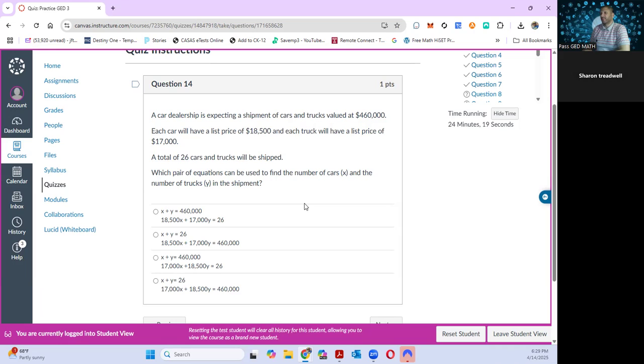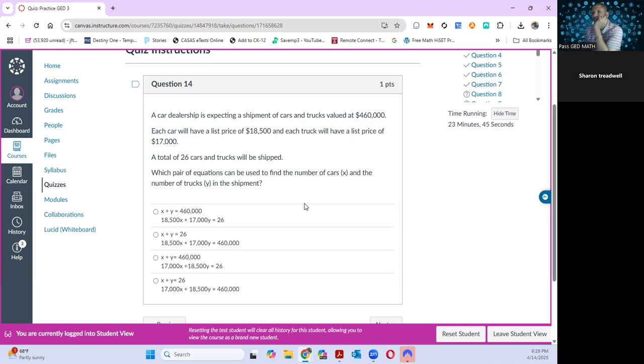Each car is priced at 18,500. X and Y. You got X plus Y equals 26.